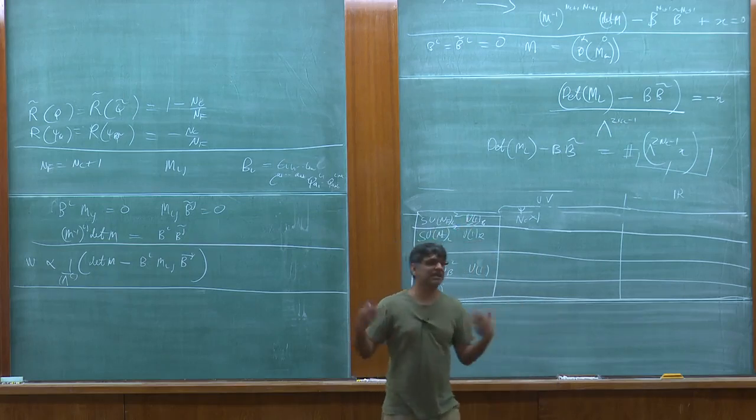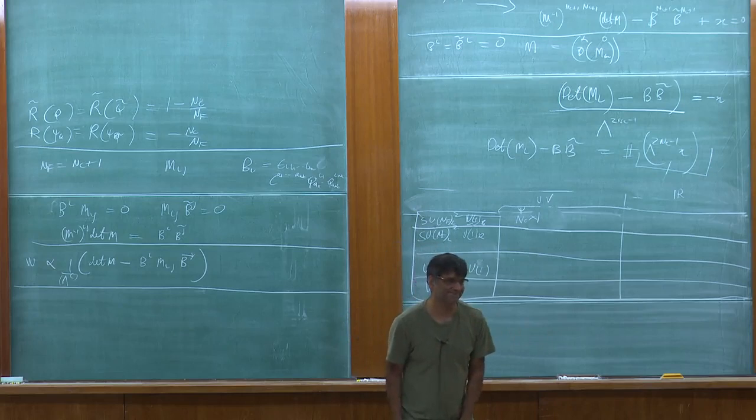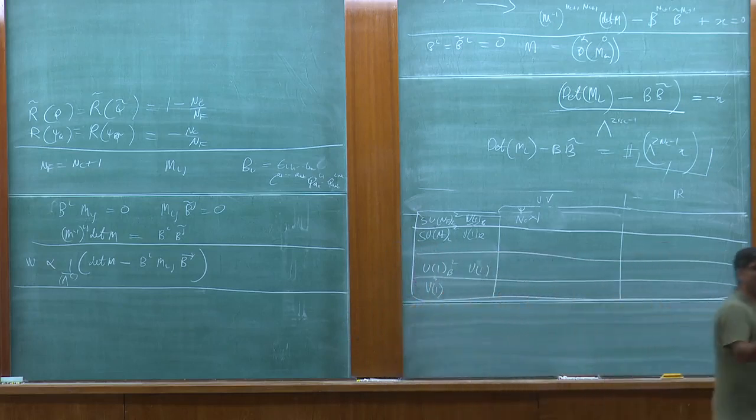M is uncharged under U1 baryon, because M is a bilinear of Q's and Q tildes, and Q's and Q tildes have opposite charge under U1 baryon. So M's don't contribute. The only fields that will contribute are either B or B tilde. Now B tilde is uncharged under SUNF left, so only B contributes.